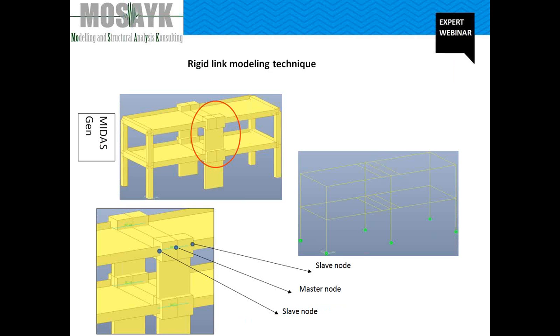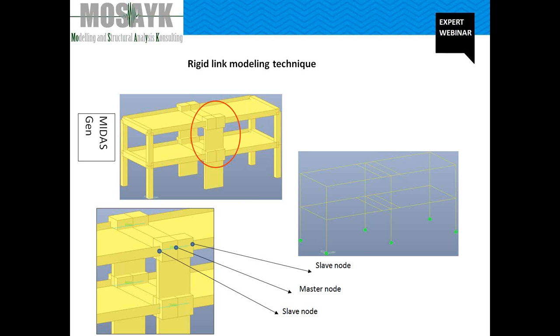Here is a Midas Gen model of a two-story frame building where it is really important to create the real building model, the real structural model. This is the reason why in case of a wall we can adopt two different strategies of modeling. The first one is based on the equivalent beam element, which has the same section, inertia and material of the real wall.